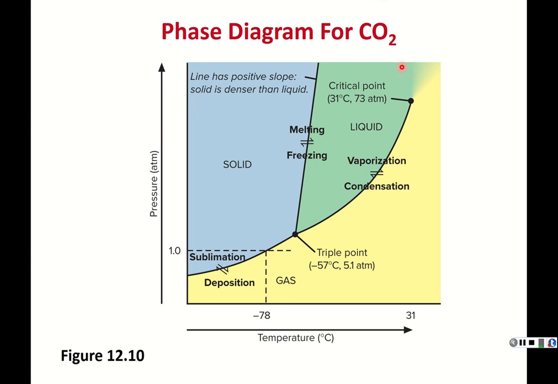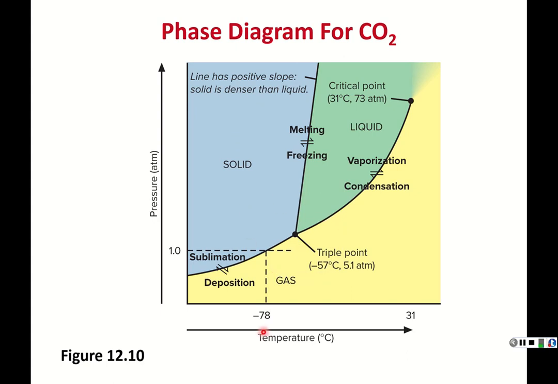This is for CO2 specifically. You'll have a pressure plotted usually on the y-axis and a temperature on the x-axis. And so how this is read, you can use it in a number of different ways, but let's say you're given a specific pressure and a temperature, you can tell, okay, what phase is that substance going to be in at those conditions.